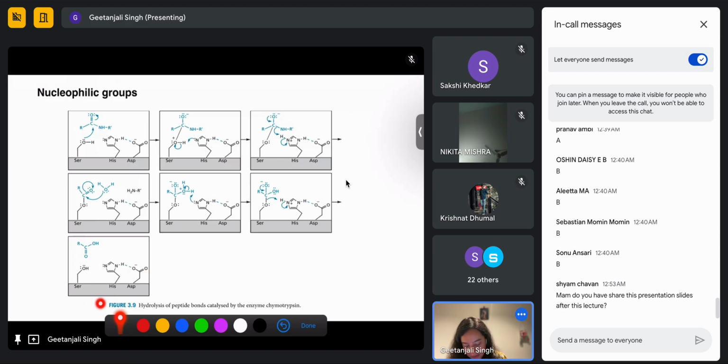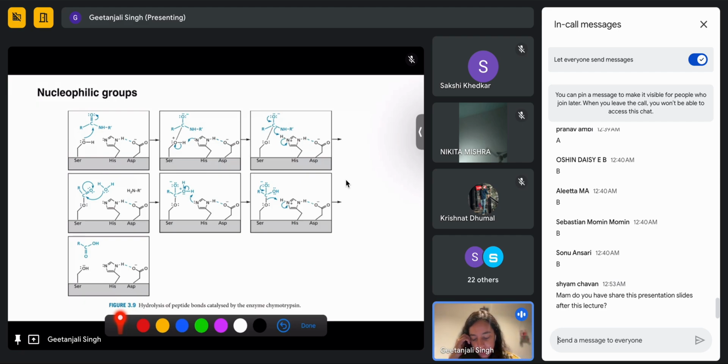Again, this is back to its original position. It has catalyzed this reaction, and again the enzyme, everything is back to its own position. You can see the beauty of this triad, how they're helping each other stay in a particular conformation where they can, with the help of acid base catalysis.